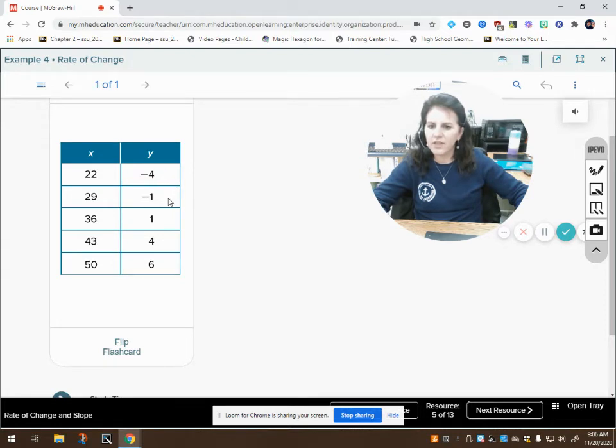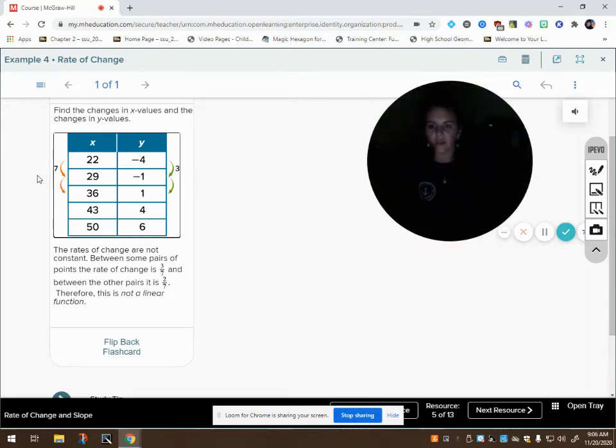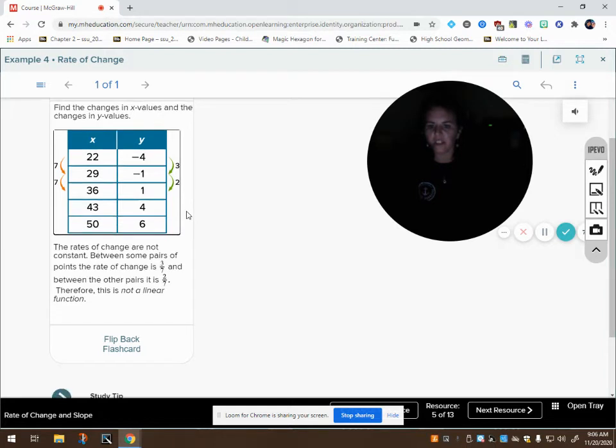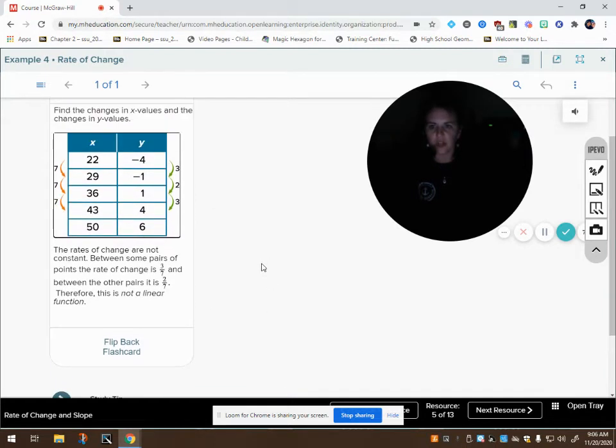Looks like it goes up by 3, but then it goes up by 2, then it goes up by 3, then it goes up by 2. So it's not a constant rate of change, because in some places it's going up at a rate of 3/7, in other places it's going up at a rate of 2/7. So we've got to be careful for that. That is not linear. It does not have a constant rate of change.